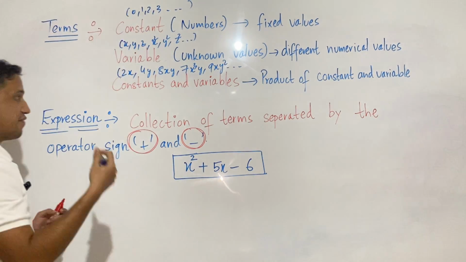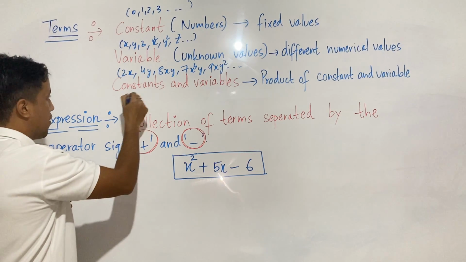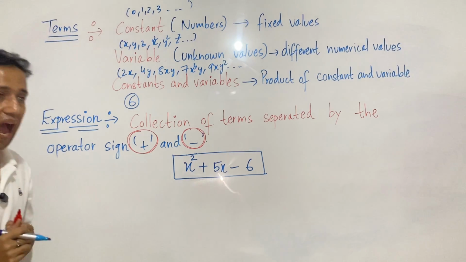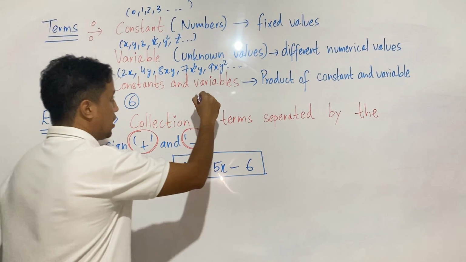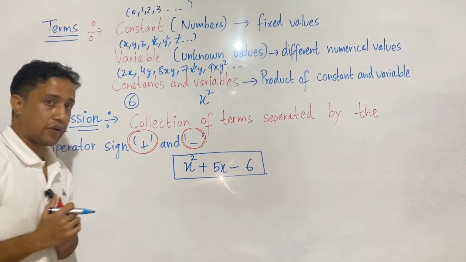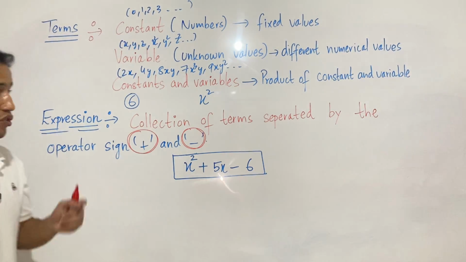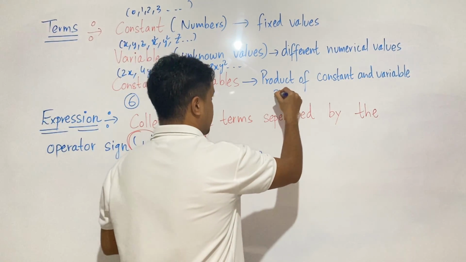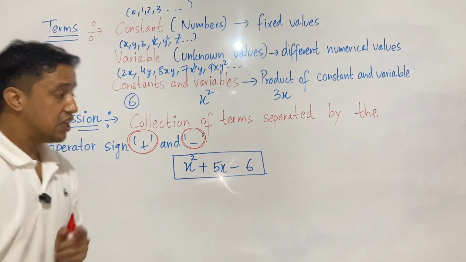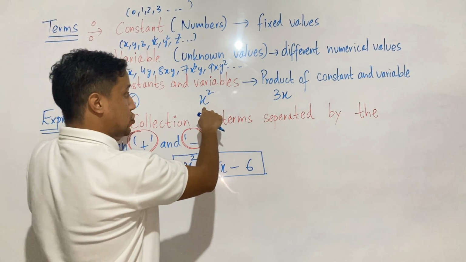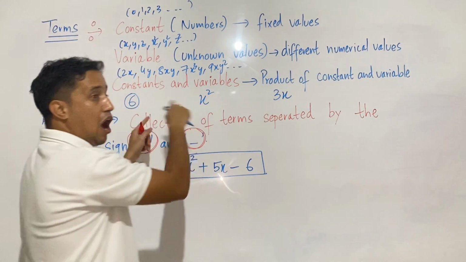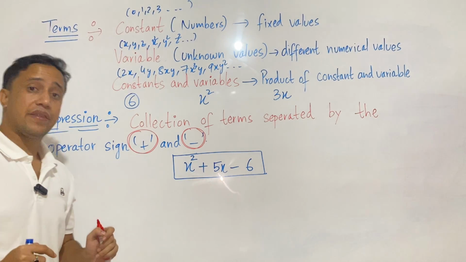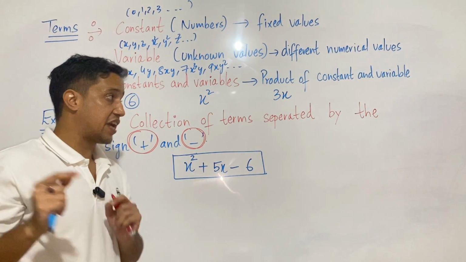For example, I have constant term here, 6. This is constant term. Then I have variable x square. And then I have one more term which is product of constant and variable, that is 3x. So if I have to make the expression out of these terms, I would collect all these terms, and then put plus or negative sign in between.